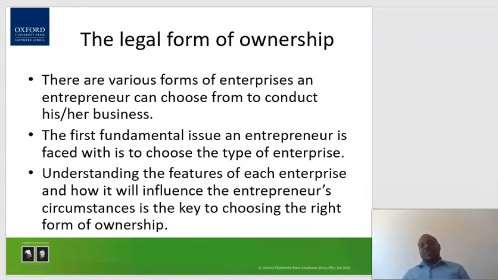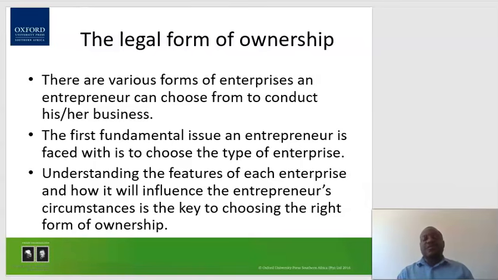So starting with the legal form of ownership, it's important to realize that there are various forms of enterprises that an entrepreneur can choose from when they want to conduct their business. The first fundamental issue an entrepreneur is faced with is to choose the type of enterprise.